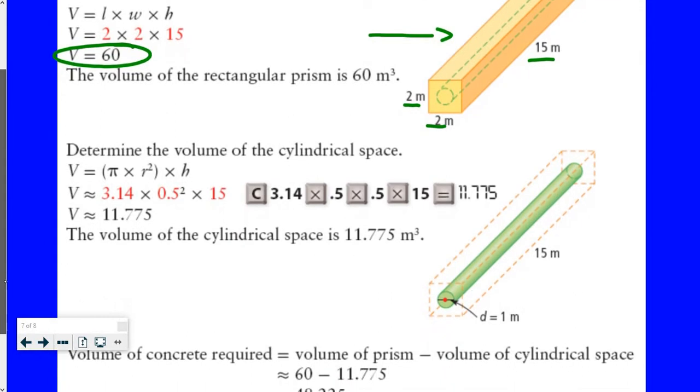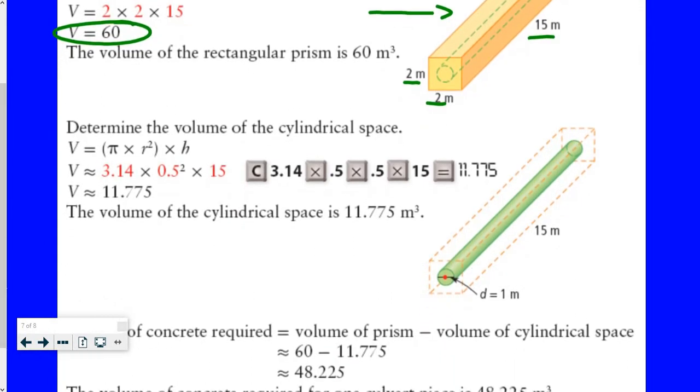When we scroll down, we don't need to fill in the middle because it's going to be filled with a pipe. So for the cylindrical space, we have to find how much the circle is within this square, because we're going to subtract that later on. So the circle is 3.14. We know that the diameter is 1 meter, so we take half of that, which is the radius. So 3.14 times 0.5 times 0.5 times 15.